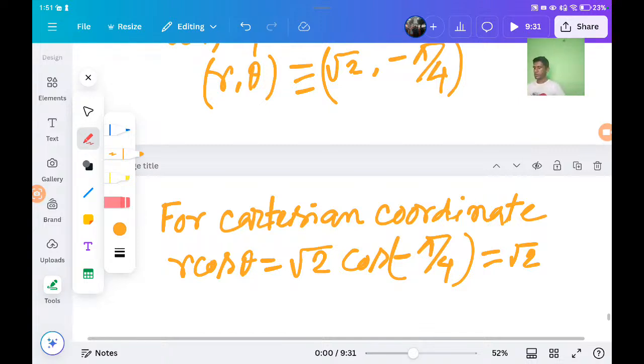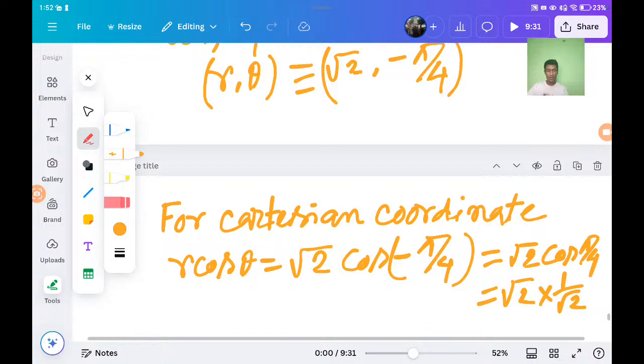At first I have to write cos minus pi by 4 equals cos pi by 4. We know that the value of cos pi by 4 equals 1 divided by root 2. Here you can observe that cos minus pi by 4 equals cos pi by 4. Why?